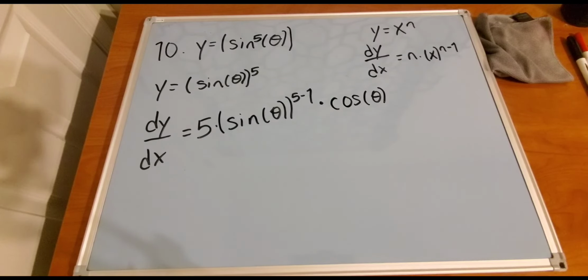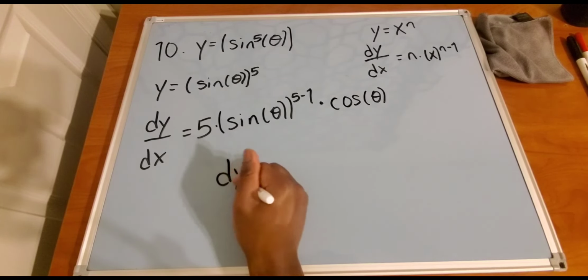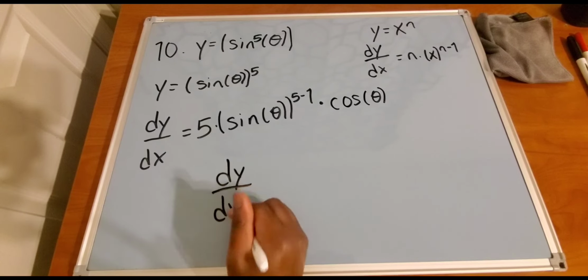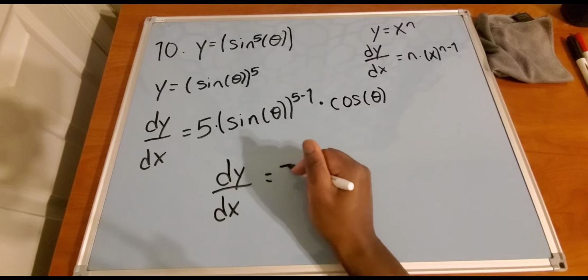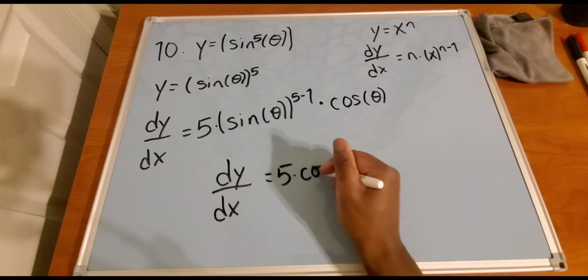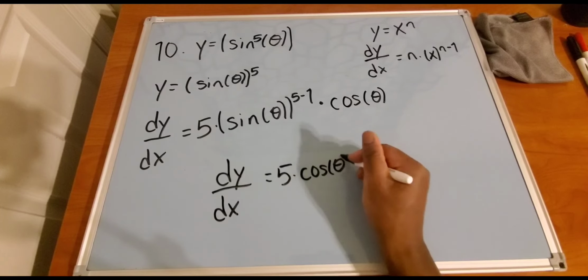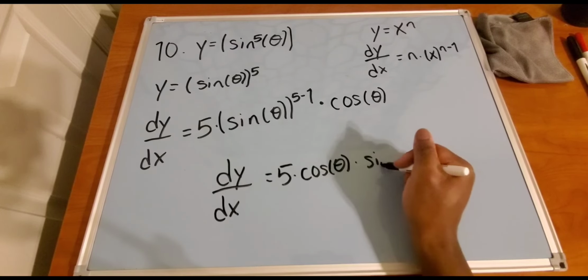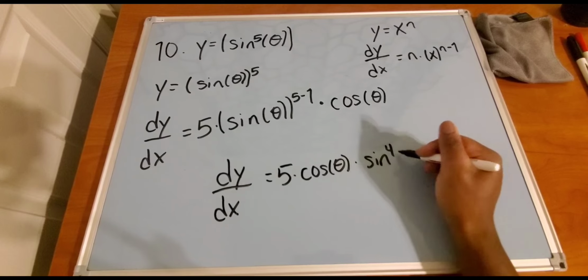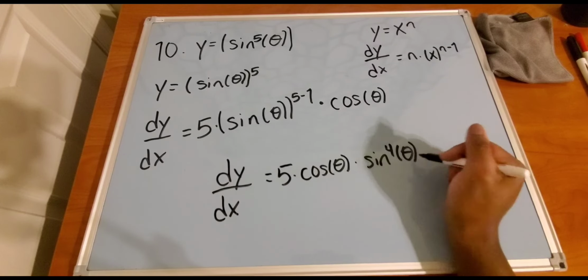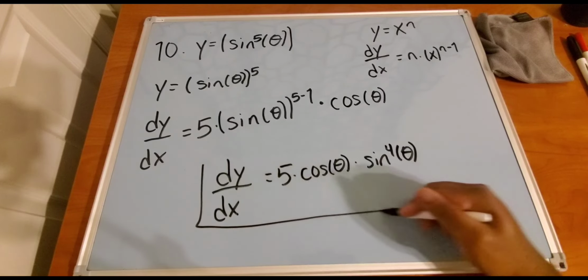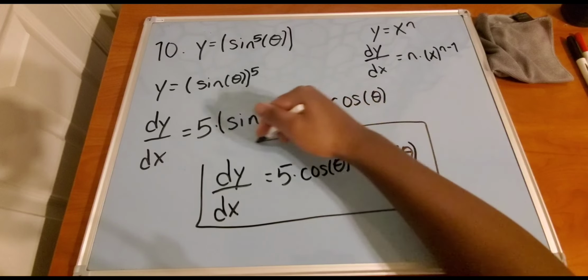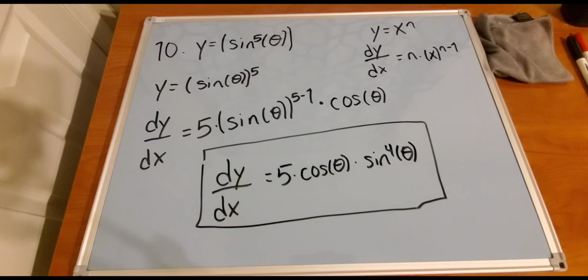There you go. So we can go ahead and rewrite this. The first derivative of y with respect to x is equal to 5 times cosine of theta times sine of theta, and all that is raised to the 4th power. I will use that notation because I think it looks a little bit neater. And that is our answer for question number 10.